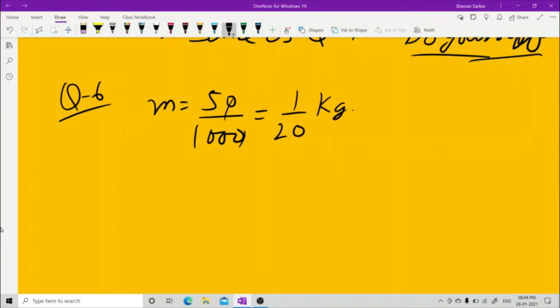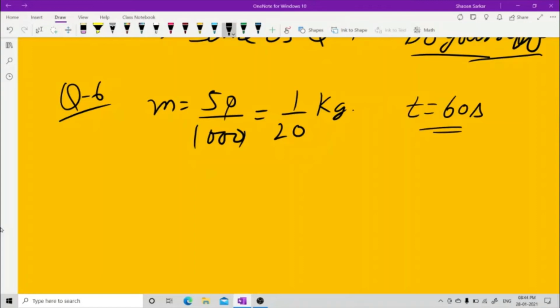Now they are giving 60 bullets per minute. The machine gun fires 60 bullets per minute, so time is 60 seconds.